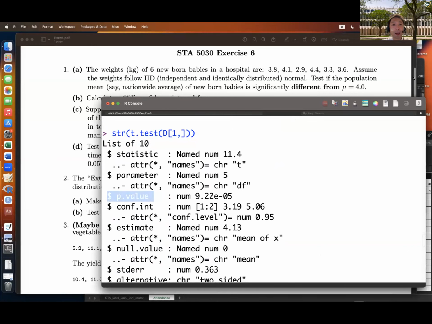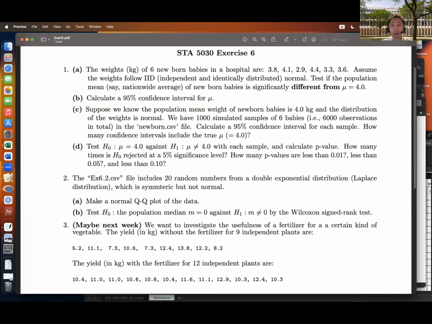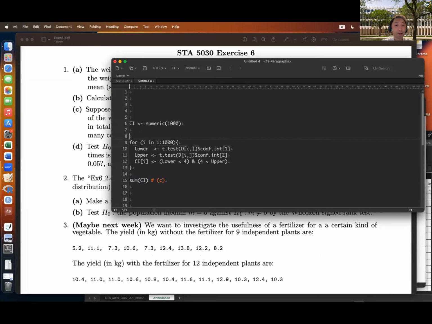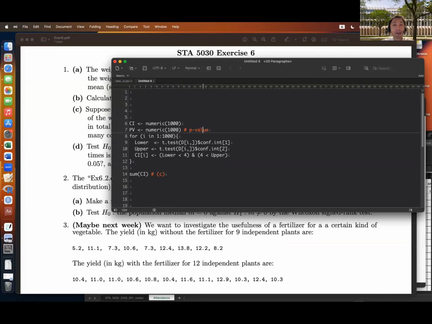If we use this p-value, then we can get whether or not it is less than 0.1 or 0.05 and so on. So we want to save these p-values. Maybe we have to define another vector, PV, the vector to store 1000 p-values.